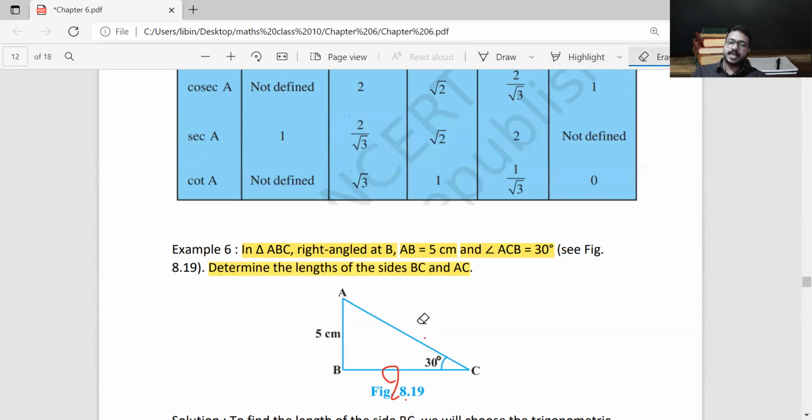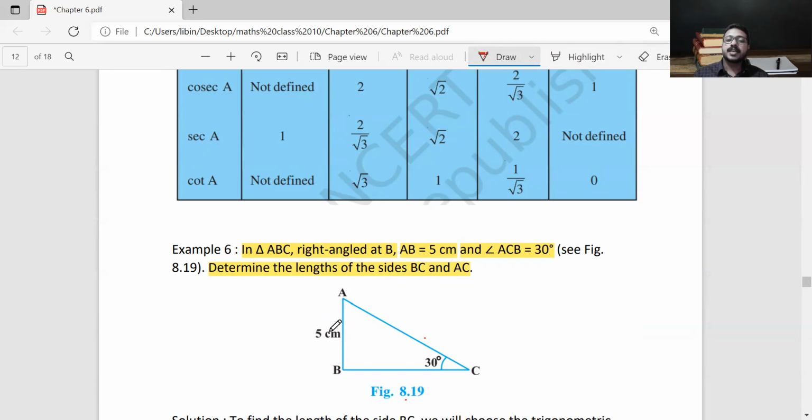In the previous examples, we were given the lengths of two sides. We had to use the Pythagoras theorem to find the remaining side, and then find the trigonometric ratios. But look here, we are given a different way.